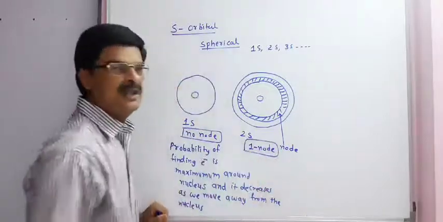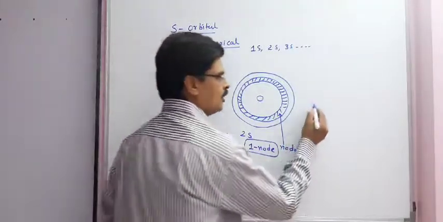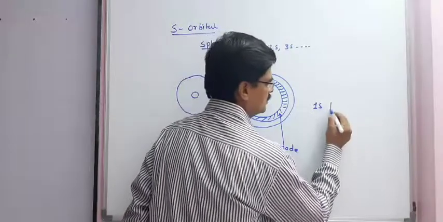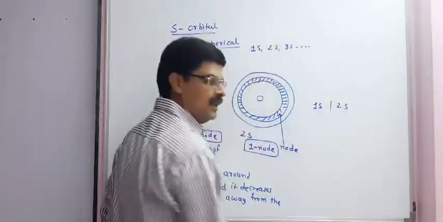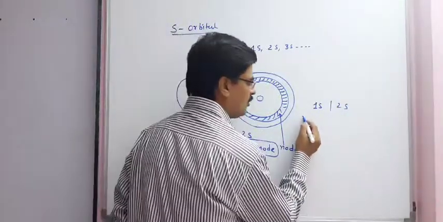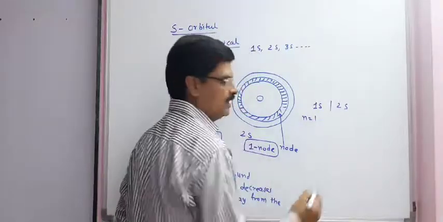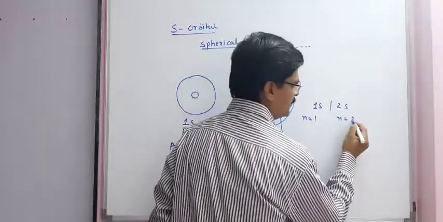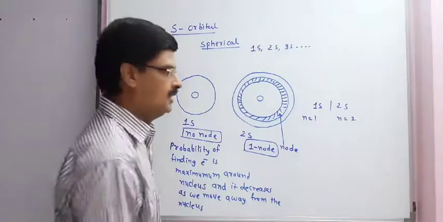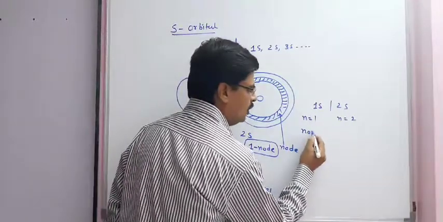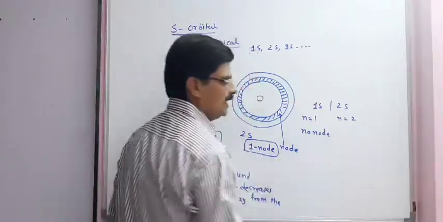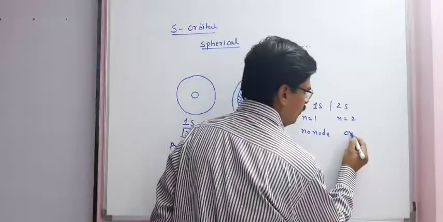So the difference between 1s orbital and 2s orbital: for 1s orbital principal quantum number n is equal to 1, but for 2s principal quantum number is equal to 2. In 1s there is no node present, and in 2s there is one node present.